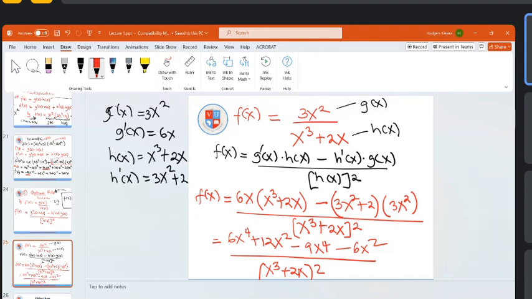Here, the upper one becomes 6x squared minus 3x power 4 over x cubed plus 2x, all squared. This one can actually be reduced further. Is someone seeing how it can reduce?